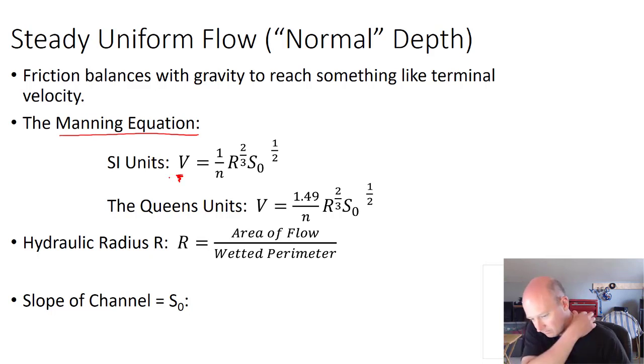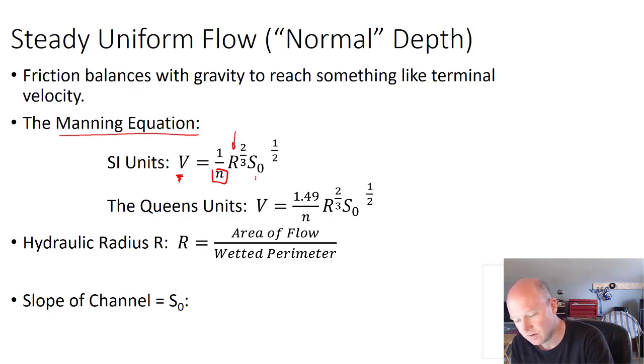So the Manning equation is the equation that describes that velocity. And so this person did a bunch of tests and came up with a coefficient that describes the roughness, Manning's roughness coefficient. And he needed some other things to solve the problem. One was the hydraulic radius, and the other was bottom slope. So the hydraulic radius is the area of flow divided by the wetted perimeter. So if you can imagine, we're going to do most of our calculations in a trapezoidal channel.